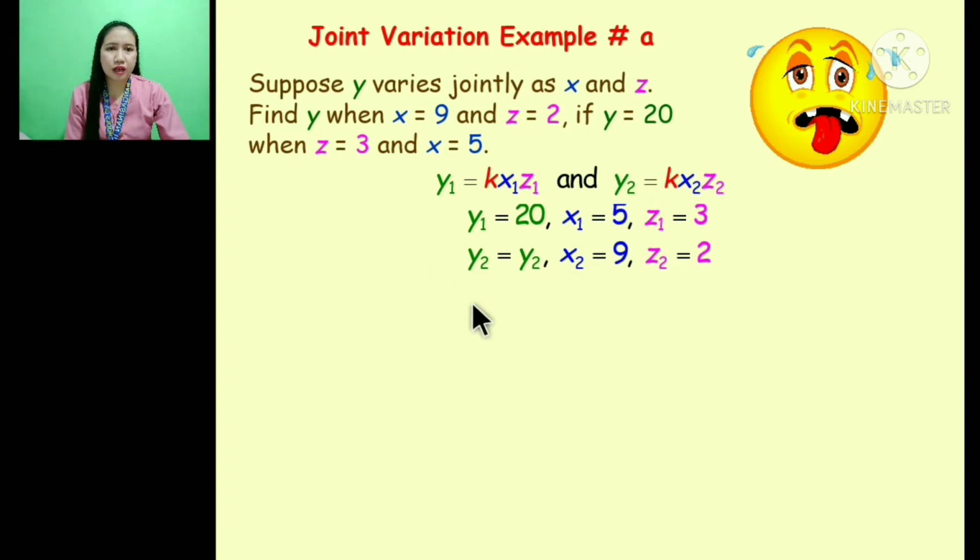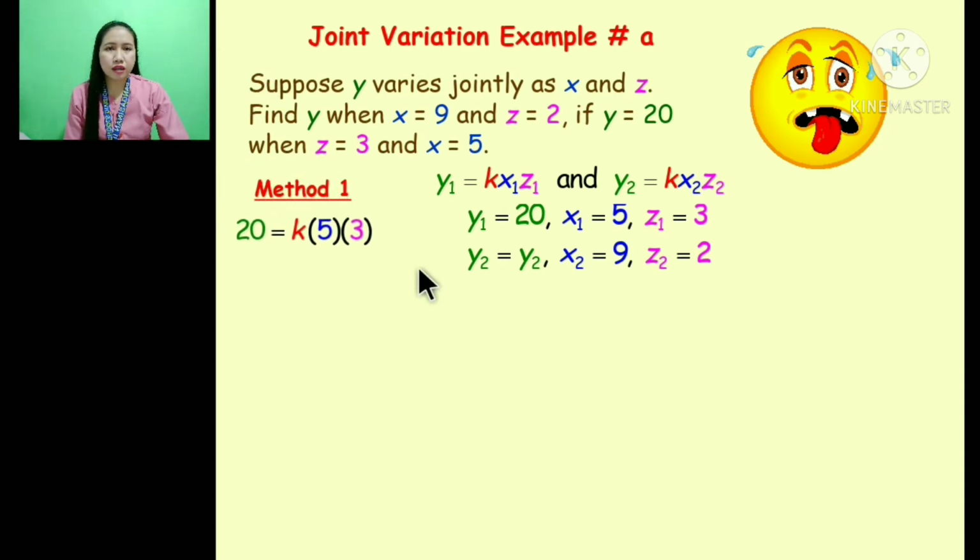And we have now our y sub 2, which is the one we're going to find. And we have the x sub 2, which is 9, and z sub 2 is equal to 2. We have the method number 1.